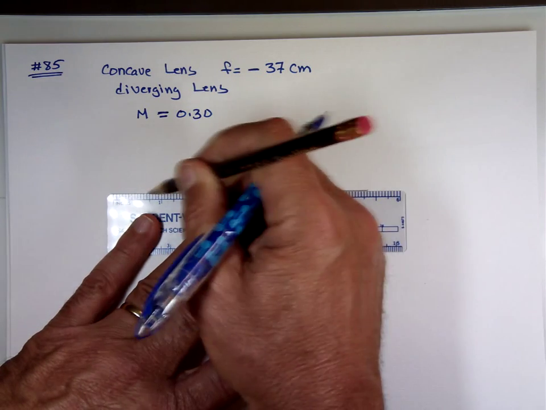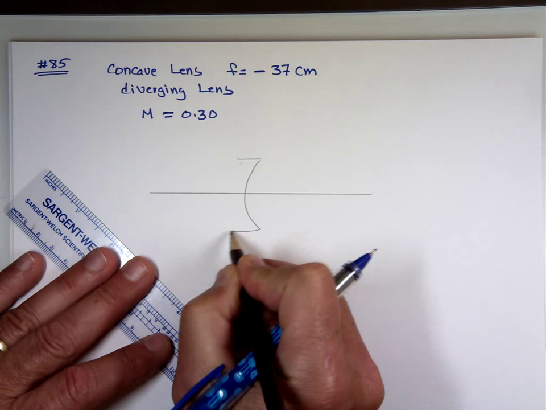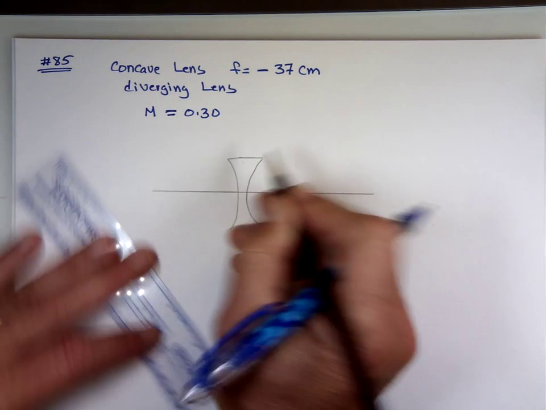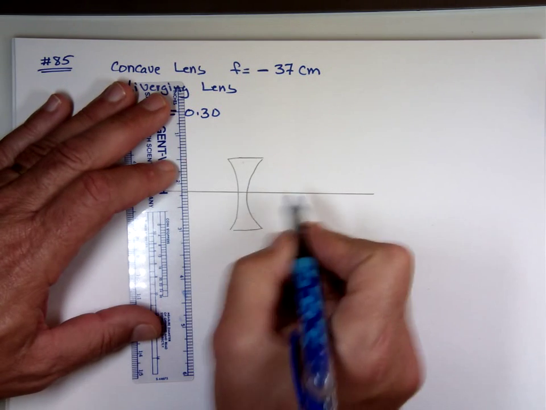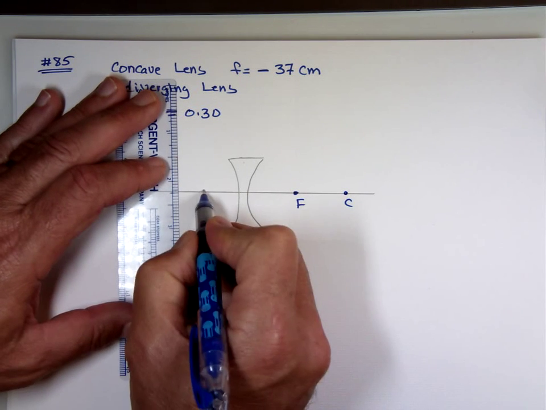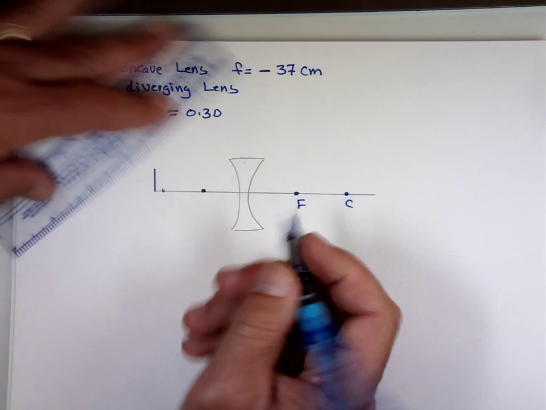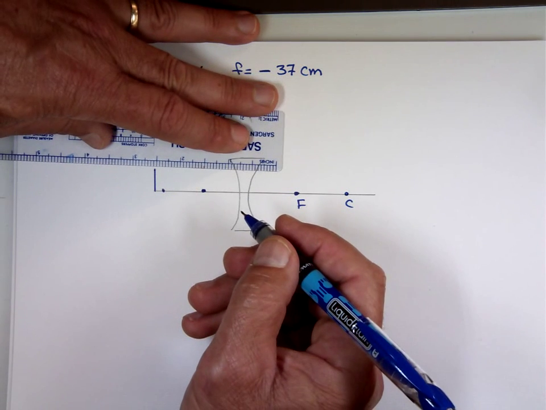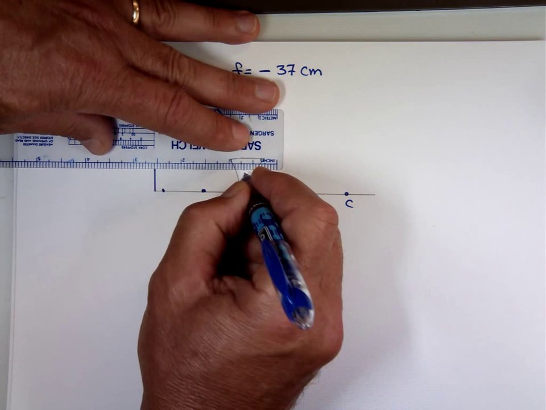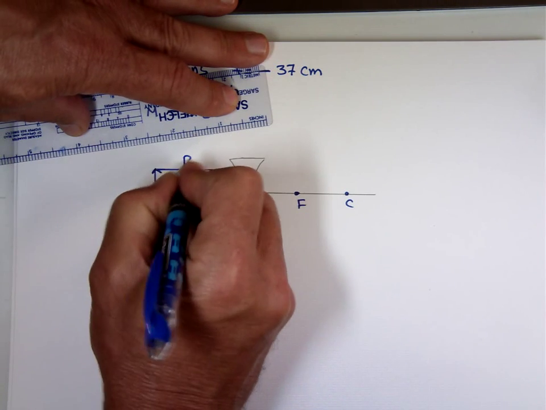Diverging lens looks something like this. And there's only one scenario for that. If this is F here, C, it doesn't matter where you put the object. The parallel one is going to look like it's coming out of this one.